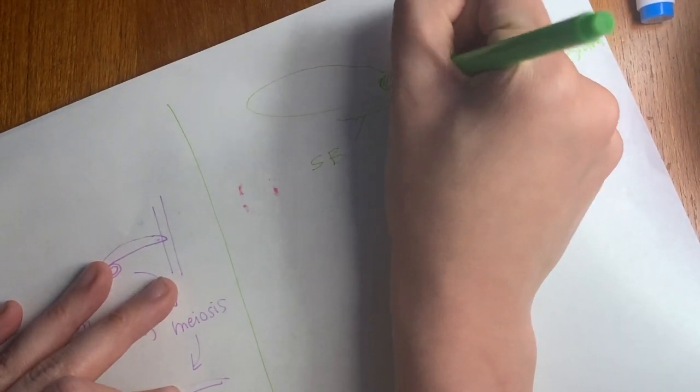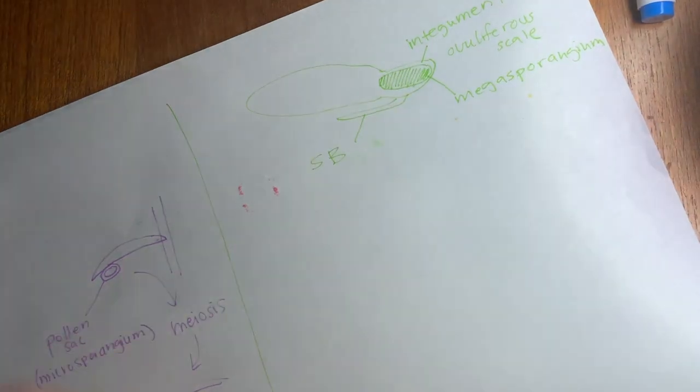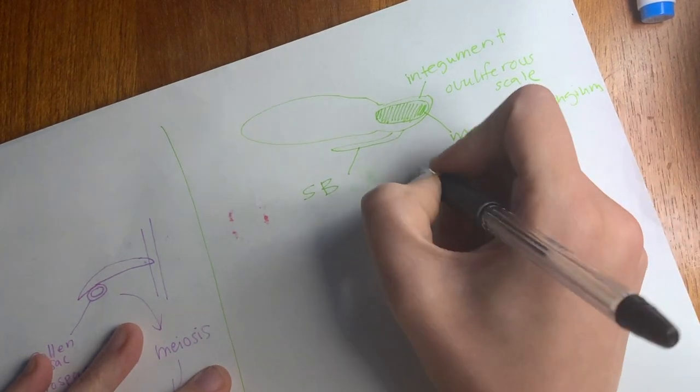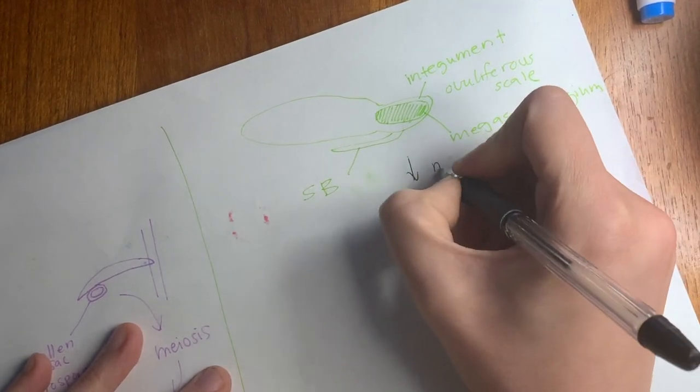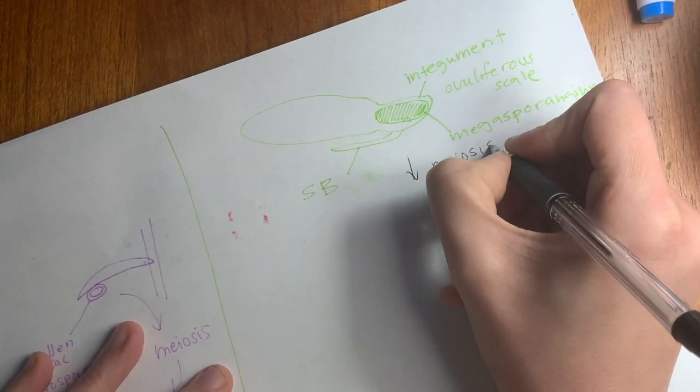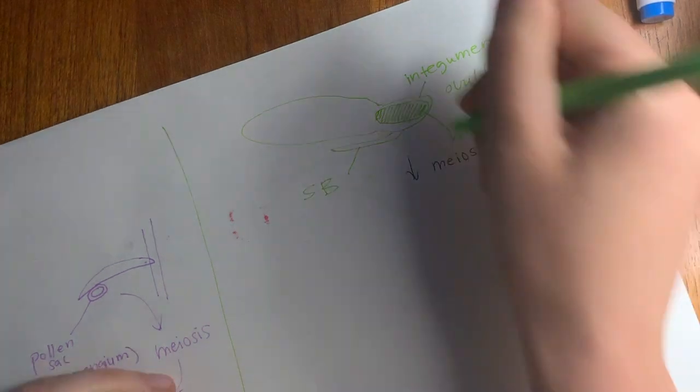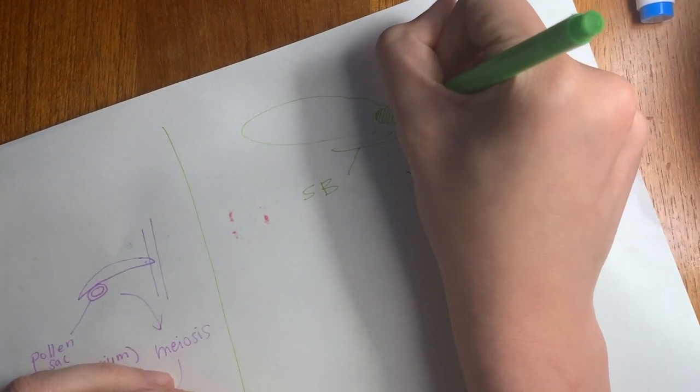So there's our megasporangium. What happens inside the megasporangium? It undergoes meiosis, right, to produce a megaspore. So what we will actually get within the megasporangium is a megaspore mother cell.